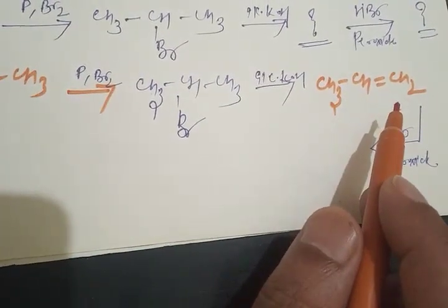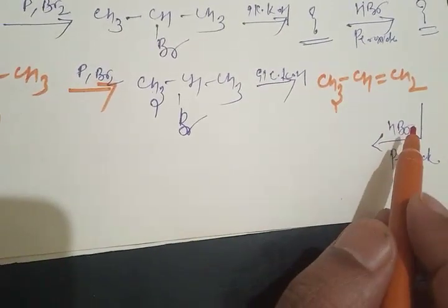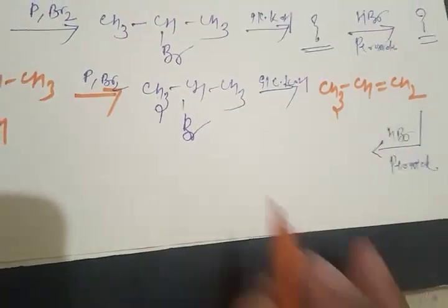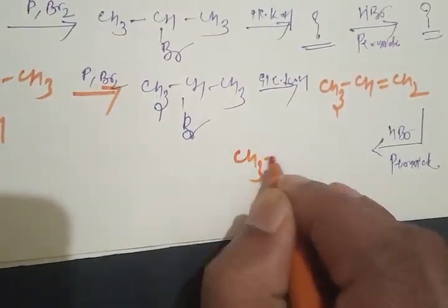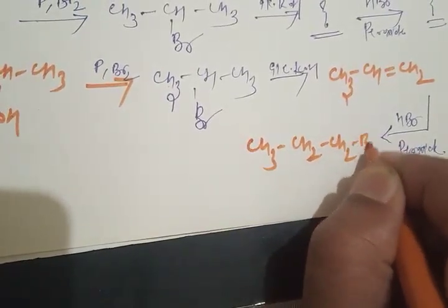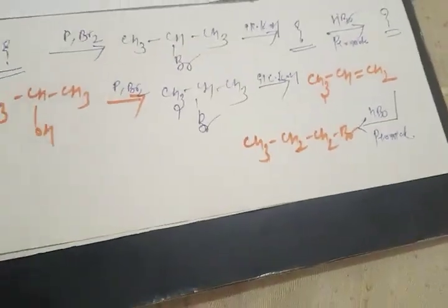But here it is anti-Markovnikov, so it shows the opposite. That means the negative side will go where we have the maximum number of hydrogens. So CH3 CH2 CH2 Br. So these three things we have completed. Thank you so much.